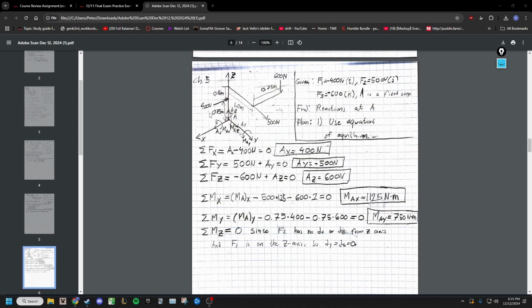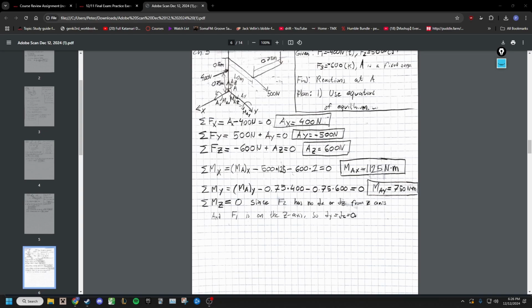There's no way to do the right-hand rule to have this give a clockwise or counterclockwise moment in the x dimension. By doing that and using the right-hand rule, we find that M of x is equal to 1,025 newton meters, then M of y is equal to 750 newton meters.